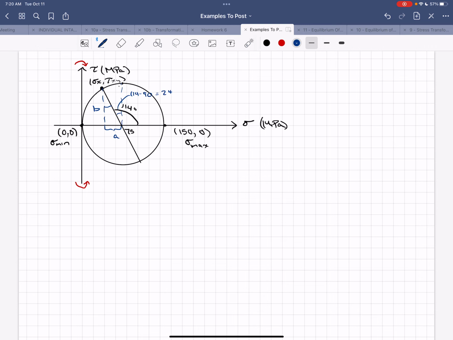And that angle equals this angle. So this is 24 degrees.